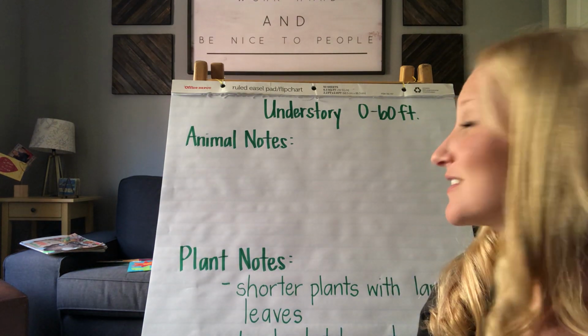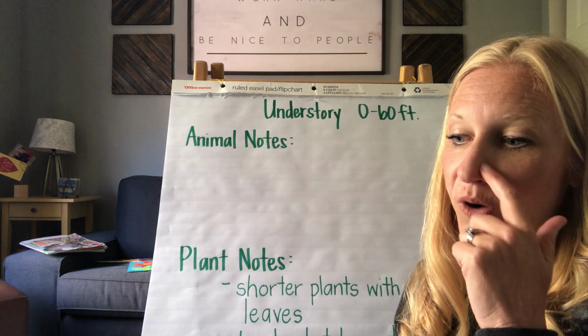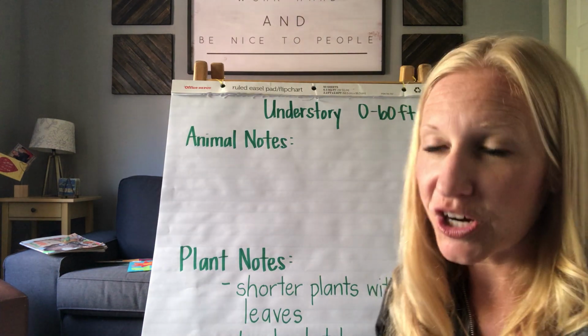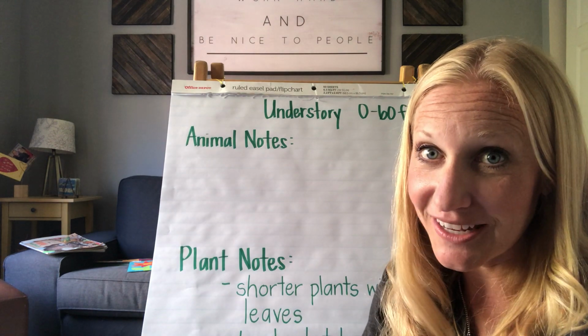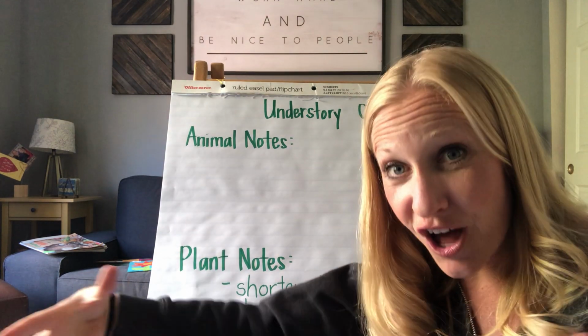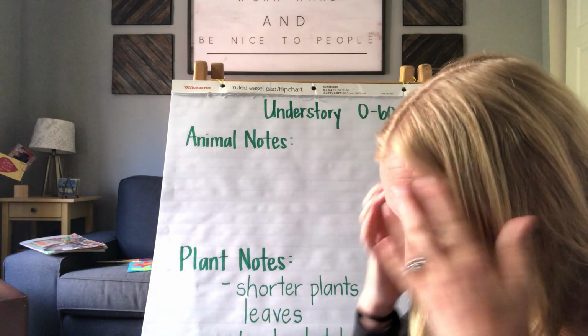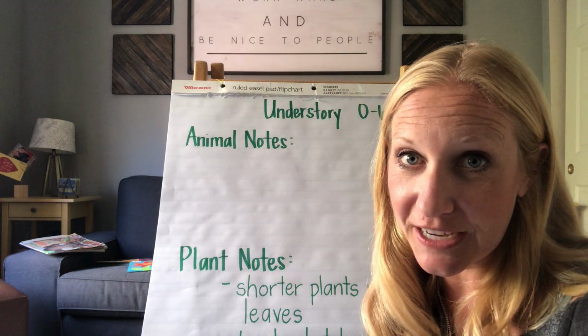Well, the thing is, you're not getting a lot of sunlight in here. Whereas if they lived in an area where we are, like say in Concord, we have sunlight all day and then it gets dark at night. Well, if they're living here in the understory, it's dark a lot longer because there's barely any light showing through. So that's actually really advantageous for them to make their homes here.